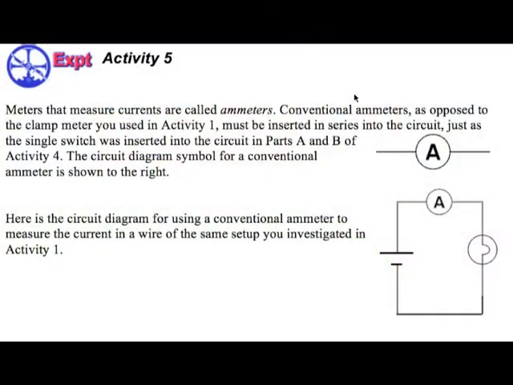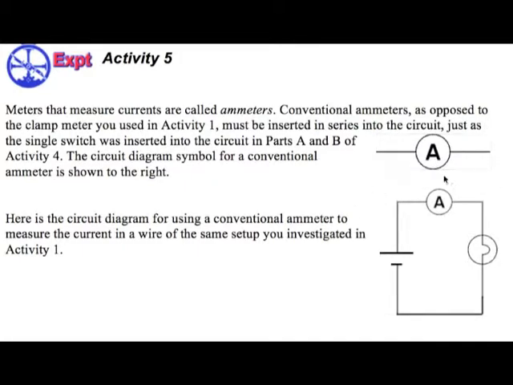Now let's take a look at the practical manual from E&M module 2. Here is E&M module 2, experiment activity number 5, in which we discover that when you have your multimeter set to ammeter mode to measure current, it must be inserted in series into the circuit.